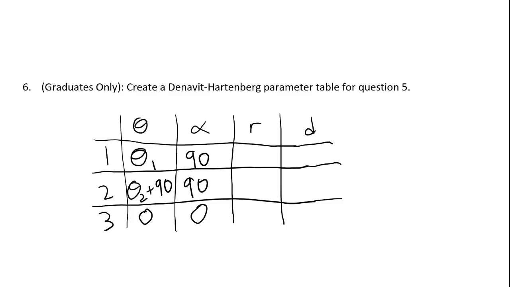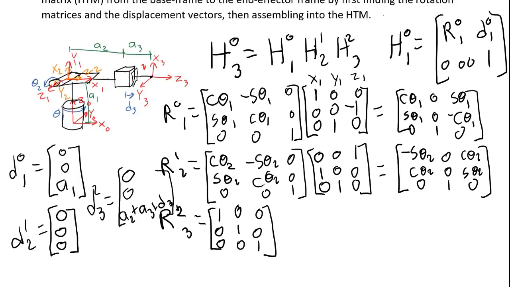Let's do r and d. R is the displacement from the center of the frame, we'll do the first row first. So the center of the 0 frame to the center of frame 1, only measured in the xn direction, which here is x1.